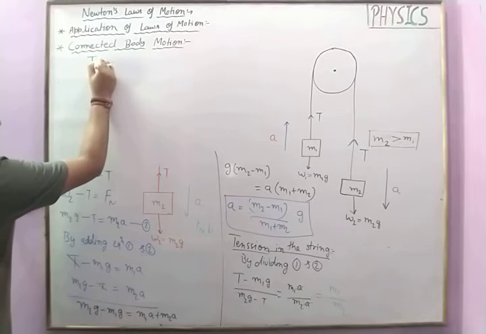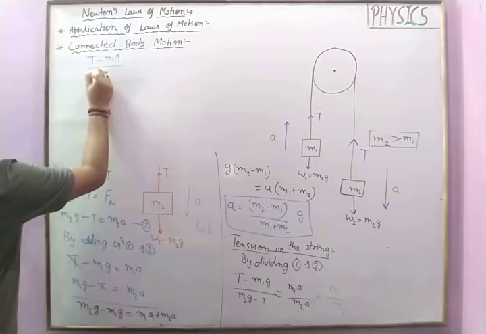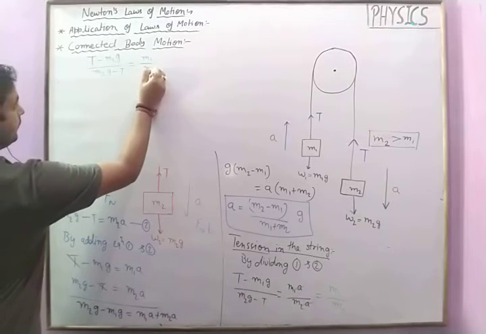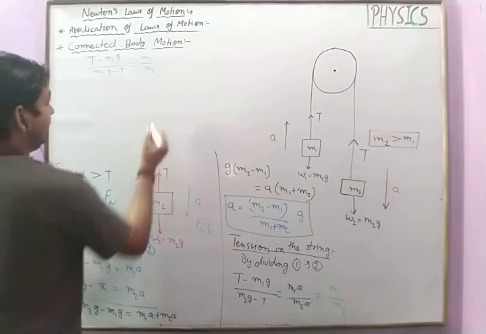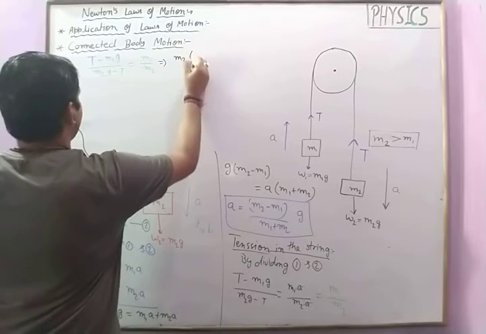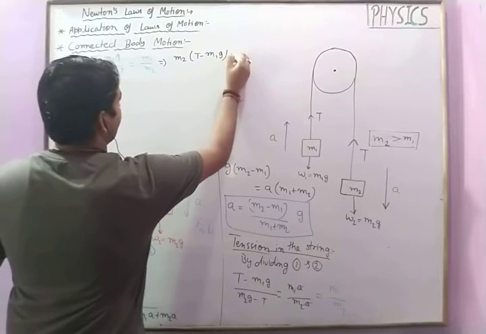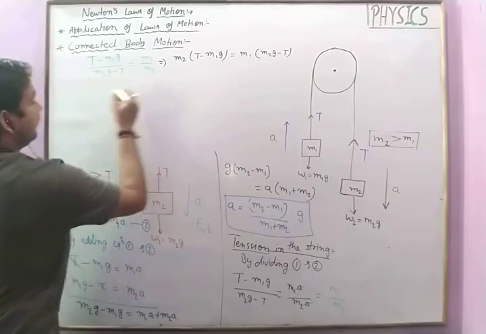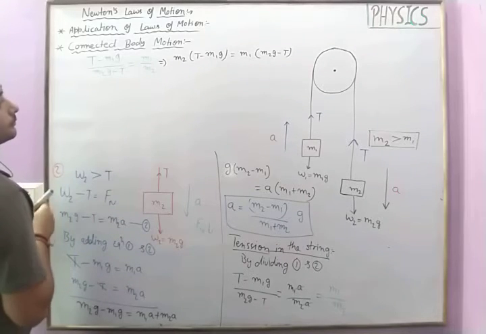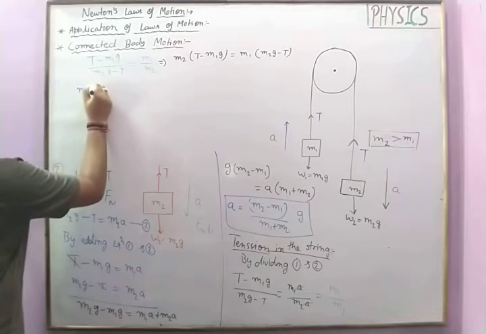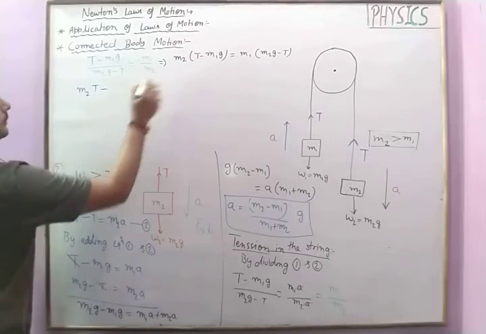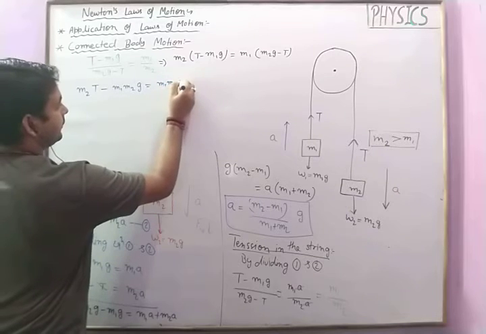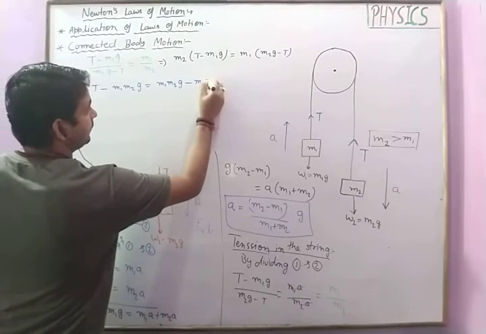That we get (T minus m1g) upon (m2g minus T) is equal to m1 upon m2, by cross multiply. m2 (T minus m1g) is equal to m1 (m2g minus T). m2T minus m1m2g is equal to m1m2g minus m1T.